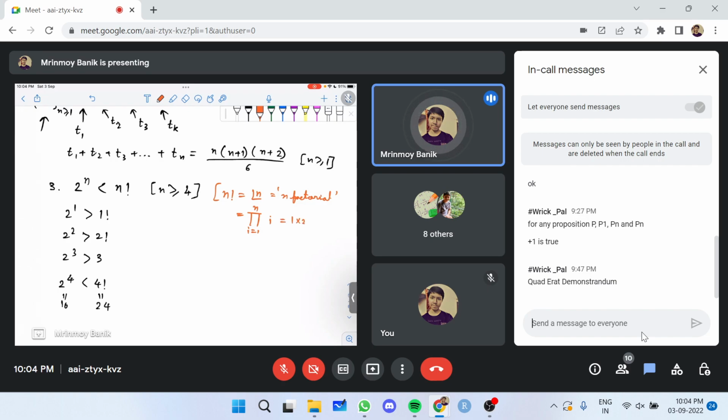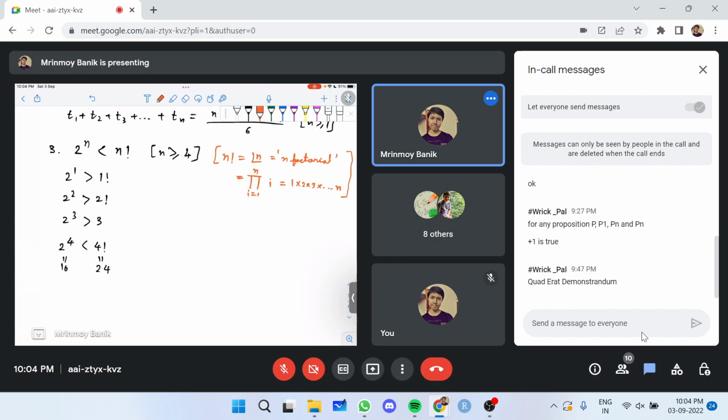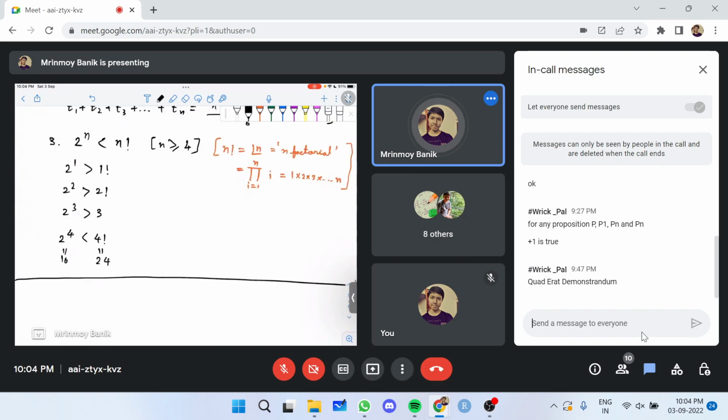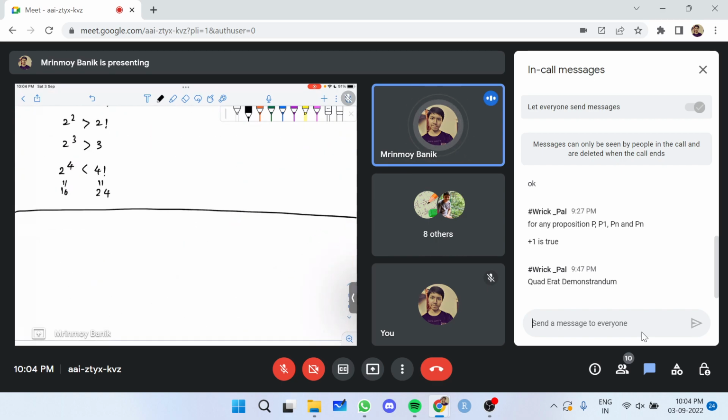So 1 into 2 into 3 up till n. So we have to show 2 power n is less than n factorial for all n greater than or equal to 4. So solve them for you as an assignment, or yeah, you can discuss it in the next class if you can't. So let's now move on to the well ordering principle.